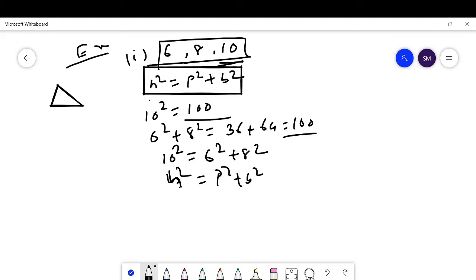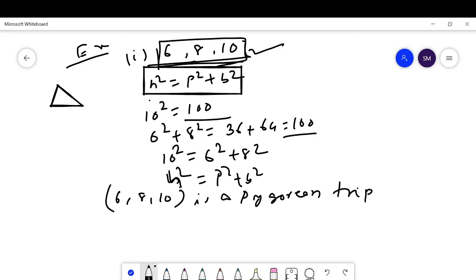Yes, these are three sides of a right angle triangle. Yes, this is a Pythagorean triplet. 6, 8, 10 is a Pythagorean triplet. Pythagorean triplet means these three sides can form a right angle triangle.